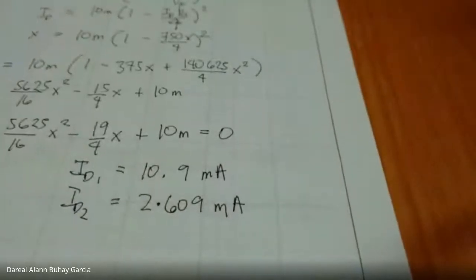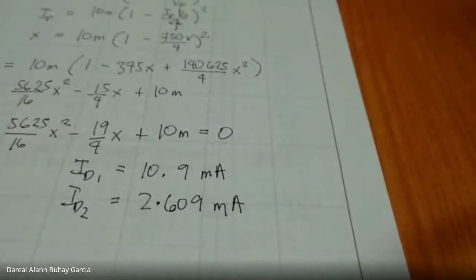Ang isa is 2.609, 61. Ang isa is zero. Nasa shift solve na, di ba? Pero ang kaila doon sir, 10.9. 10.9 imo gi-shift solve.